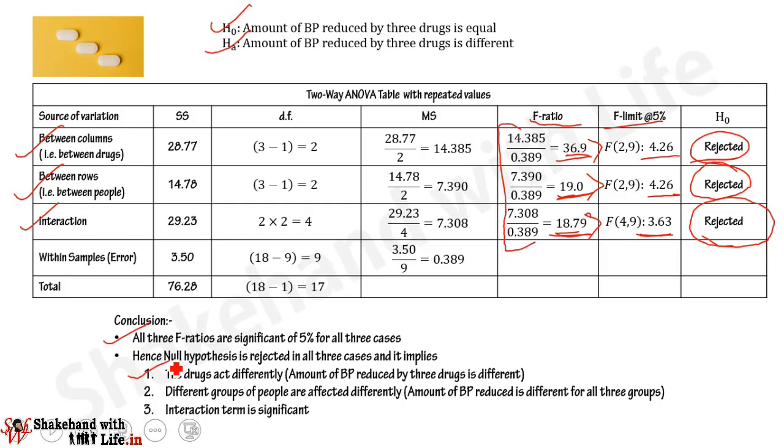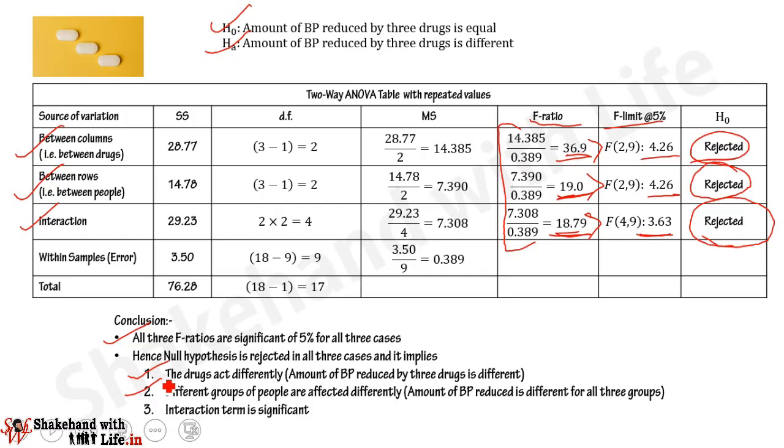So the first drug, which is X, affects the person differently, and the amount of BP reduced by the drug Y is different, and the amount of BP reduced by the drug Z is different. Okay, now the second one is different groups of people are affected differently by three drugs, and this implies the amount of BP reduced is different for all three groups. This implies the people in three groups react differently for all three drugs X, Y and Z.